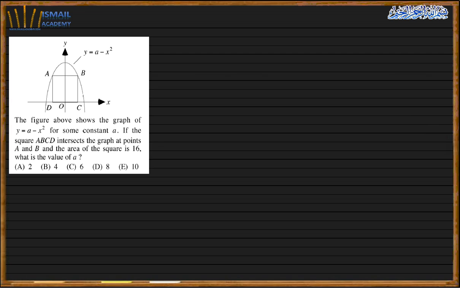Next question. Here we have a graph and they give me y equals a minus x squared. So a is that point. The square ABC intersects the graph at the points A and B, and this is a square, which means all the sides are equal, and the area of the square is 16.